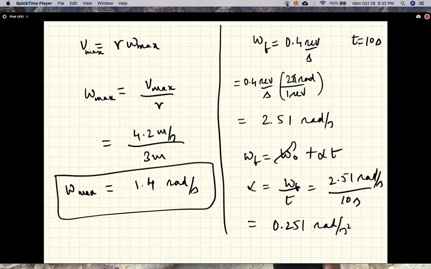Okay, so now we just have to find what the angular velocity would be at 5 seconds. So let's add a page. At t equal to 5 seconds, omega equals omega naught plus alpha t.